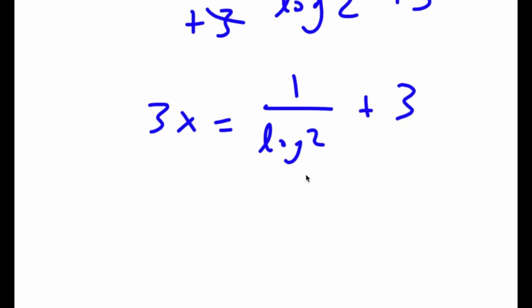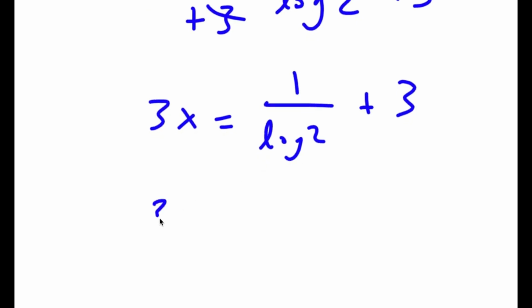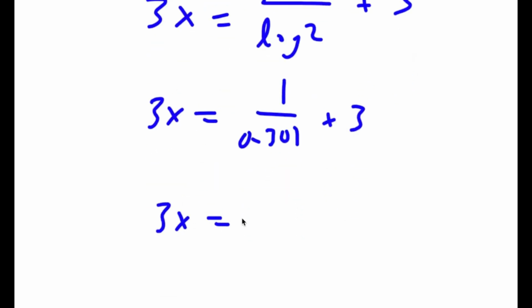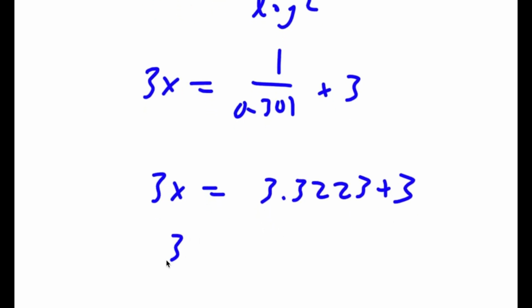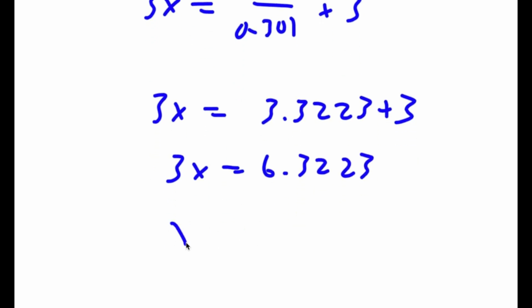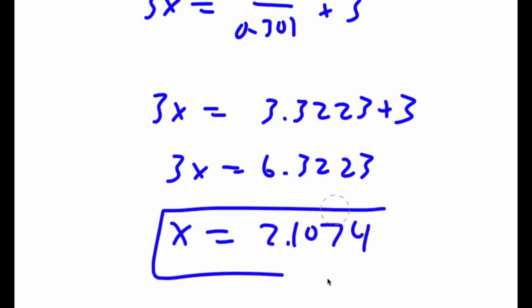And 1 over log 2 is the same thing as 1 over 0.301, plus 3, which is equal to 3.3223 plus 3. So I have 3x is equal to 6.3223, meaning x is equal to 2.1074.